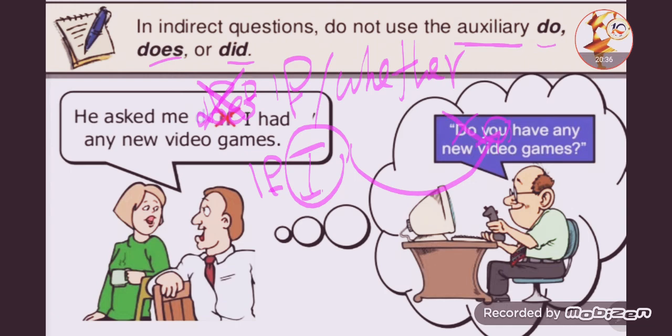تمام. he asked me if I، وبما إنه عندي have هون present simple، أصلا هي do سؤال بالpresent simple، فحولتها لإيش؟ نحكي لها past. إجت هون ك past verb اللي هي الverb to من الفعل have، وهم طبعا ال irregular verbs.